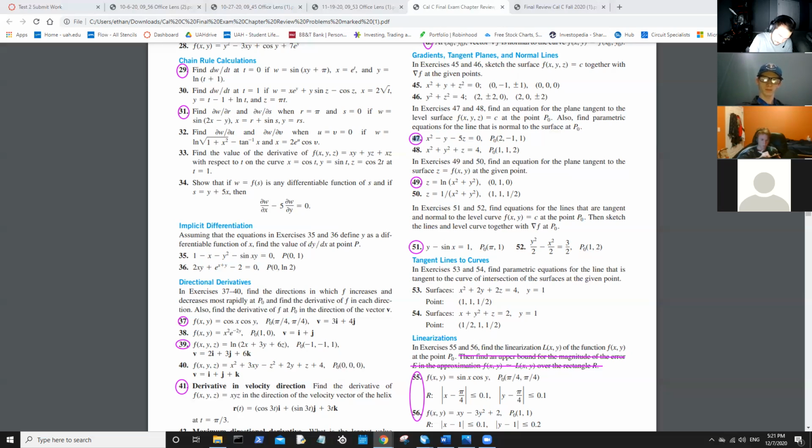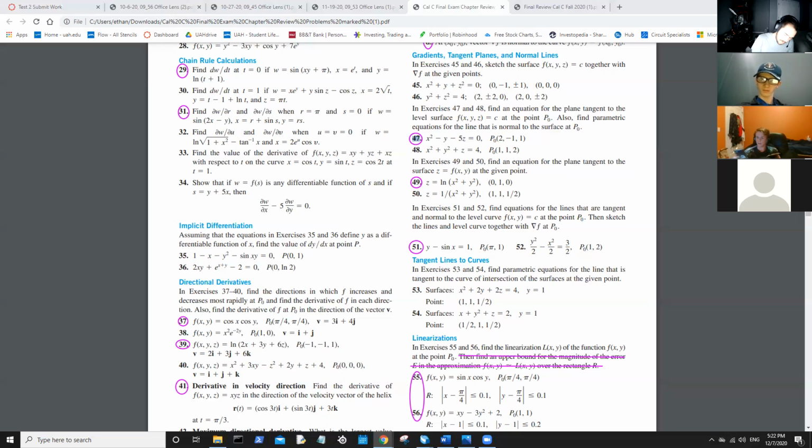Wait, what did you get for your gradient? 4i minus j plus 5k, because the partial for x is 2x. Oh, I messed up. The partial for y should be -1. And the partial for z is just going to be -1 again, right? -5.